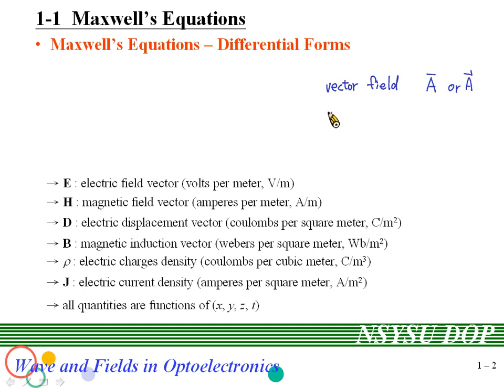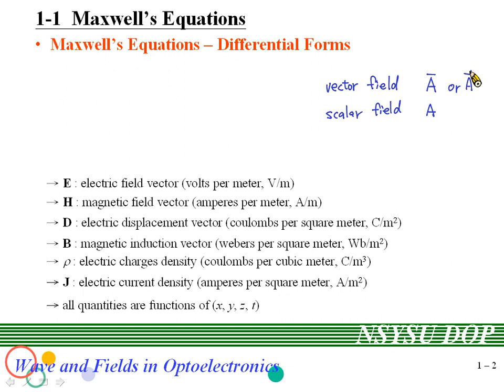But for a scalar field, you can just write like this. So if you want to mention vector fields, please remember to use a bar or an arrow to let me know that this is a vector field.